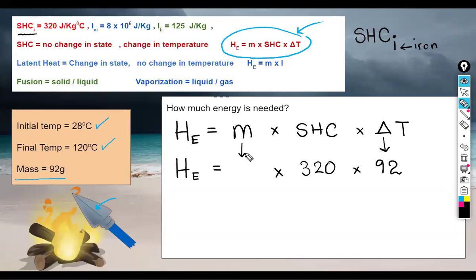Right, so the trick is, remember, our specific heat capacity, if you look at it, is in kilograms. Now, it just so happened the mass is also 92. That's pure coincidence. I didn't expect that. The mass is in grams. It's 92 grams. It needs to be in kilograms. So you all need to convert that to kilograms.